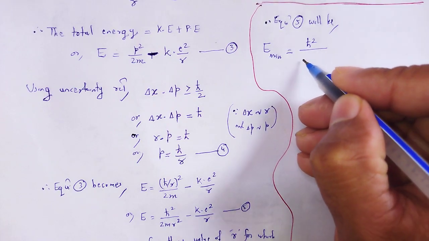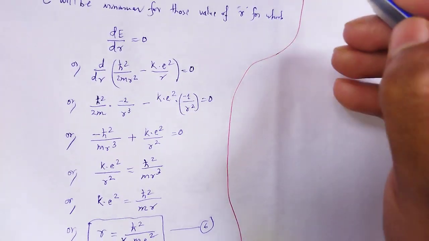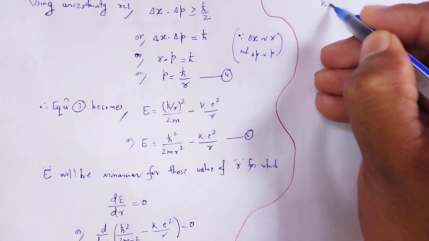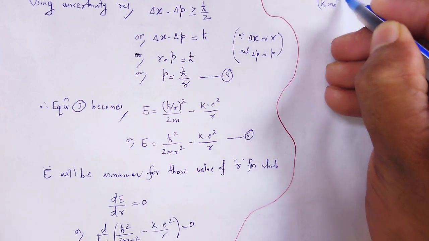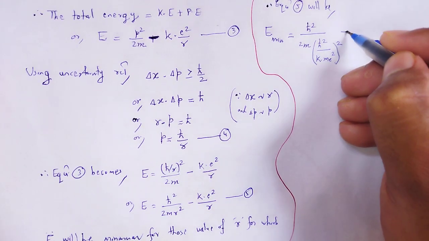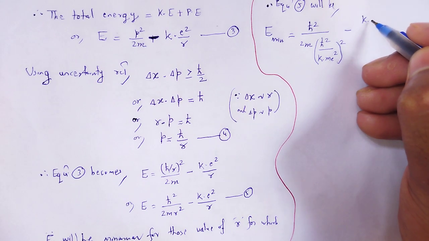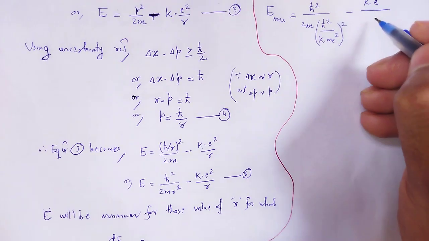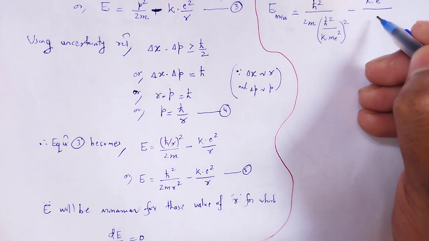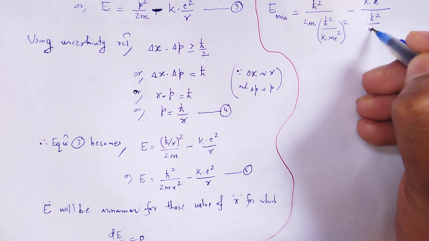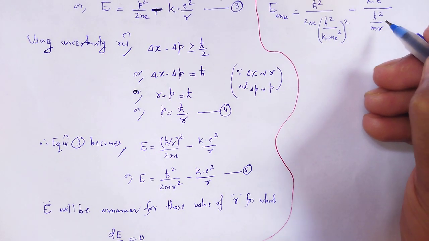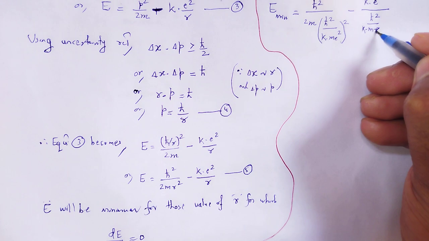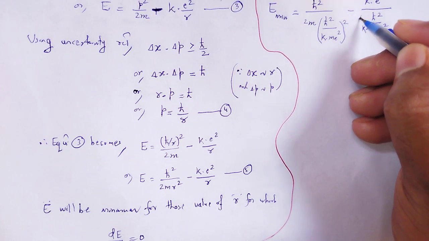So, h cut square divided by 2m, in place of r we substitute these values, that is h cut square divided by k m e square, whole square, minus k e square divided by, in place of r again we substitute h cut square divided by k m e square.